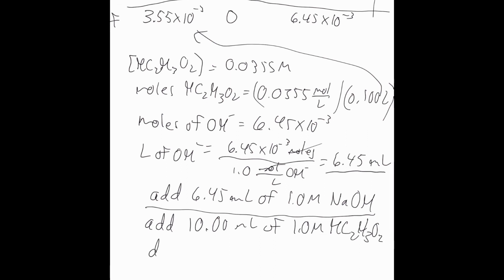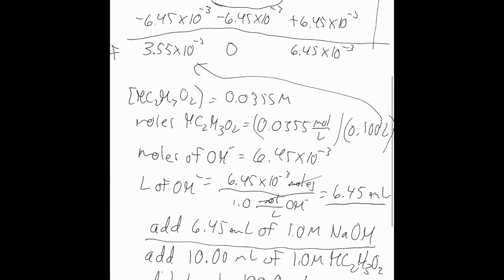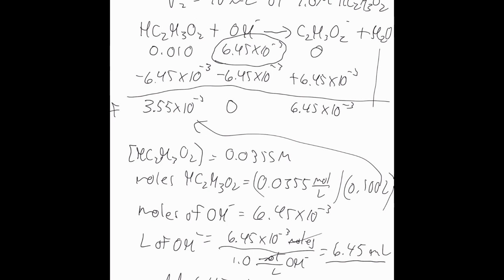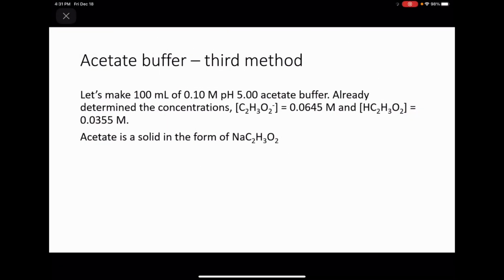And then we dilute to 100 milliliters. And so you can see we have our final product. We have 6.45 milliliters of 1 molar sodium hydroxide, 10 milliliters of acetic acid, and dilute to 100 milliliters. And based on the stoichiometry, we should be left with the moles that would give us our buffer itself.